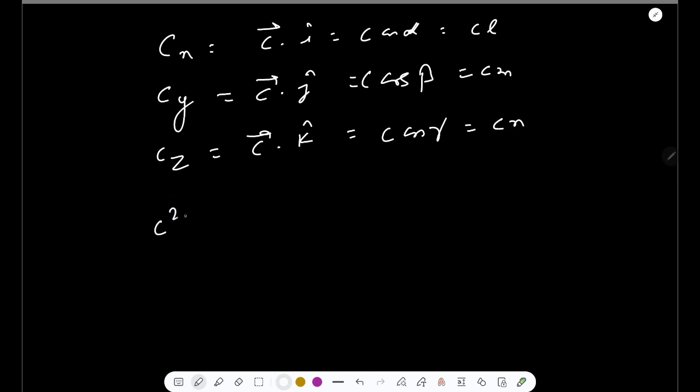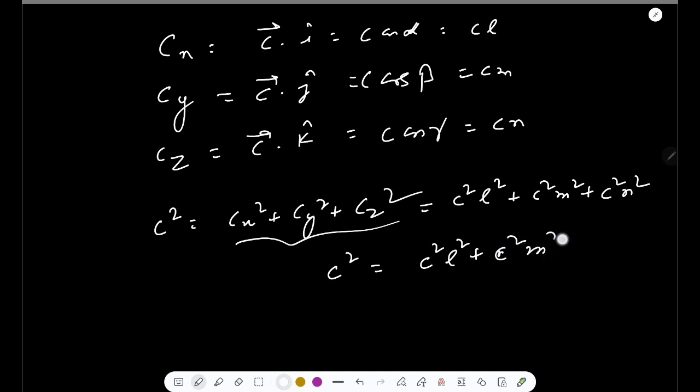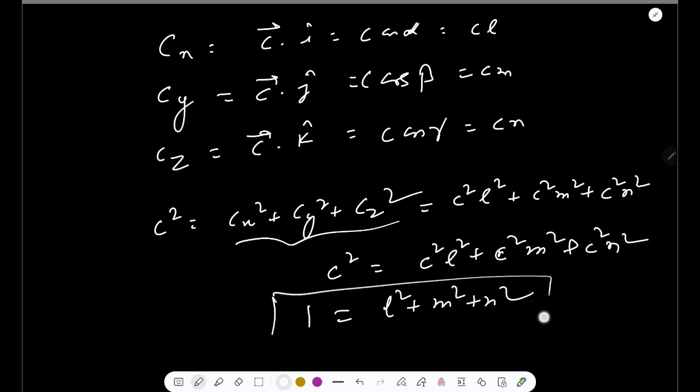You can write C square equals Cx square plus Cy square plus Cz square, and that means C square L square plus C square M square plus C square N square. So you are writing here C square equals C square L square plus C square M square plus C square N square, and that gives you L square plus M square plus N square equal to 1.